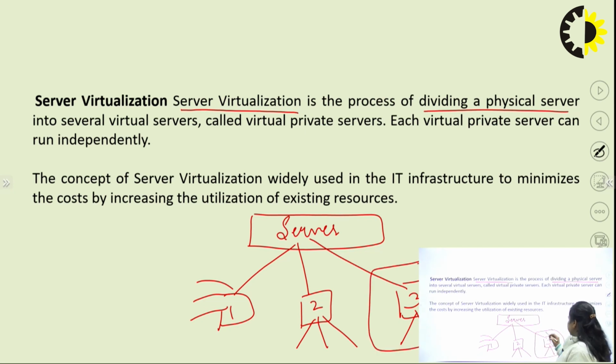Whatever their working pattern is, they all work independently. So we are not into the concept that they run on different networks, and each of them is called a virtual private server.